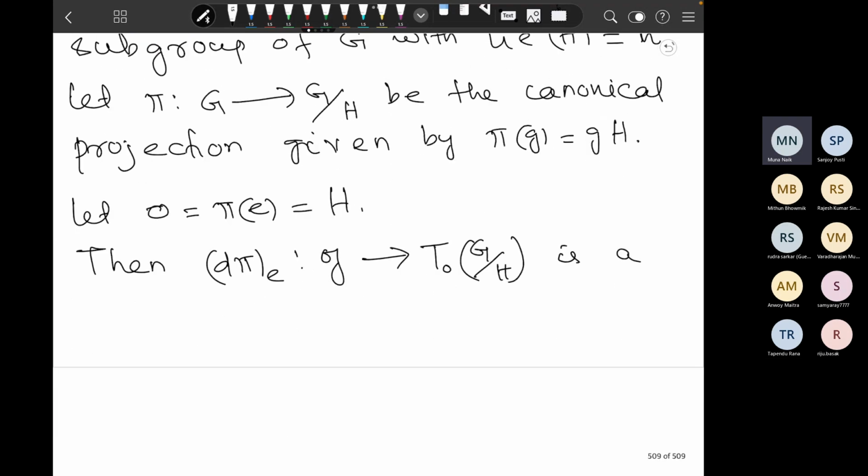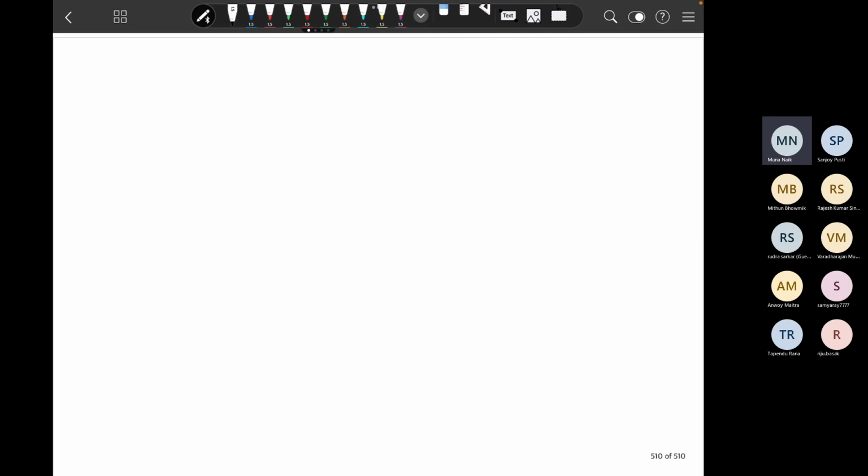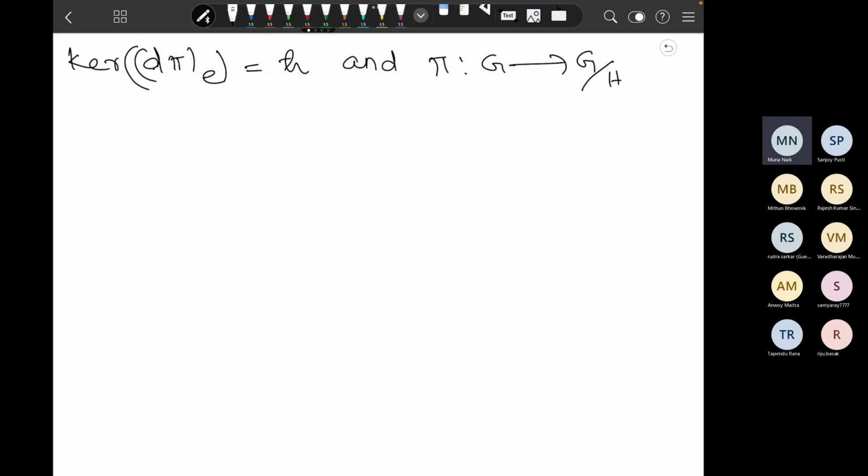This is a linear map, and it is a surjective linear map, with kernel of dπ_e equal to 𝔥. And π from G to G/H is a surjective submersion.